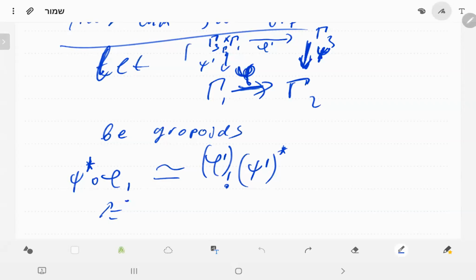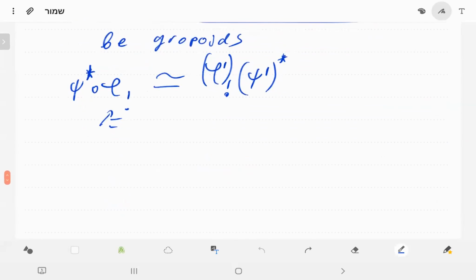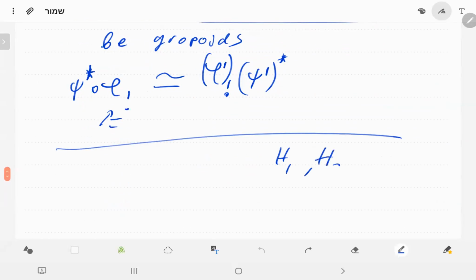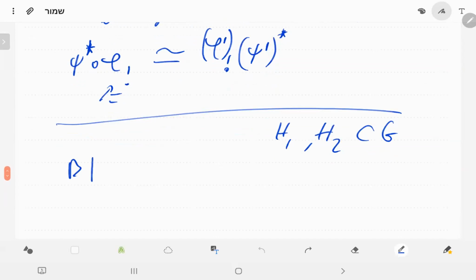Okay, so I claim that this is just a direct generalization of Mackey theorem. And here you see where the double cosets come from. So if we have H1 and H2 inside G, we can take BH1 times BH2 over BG.